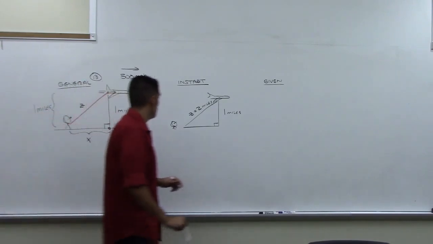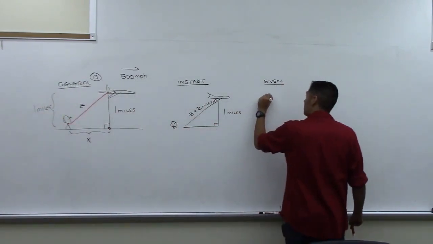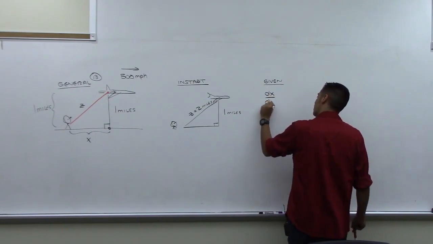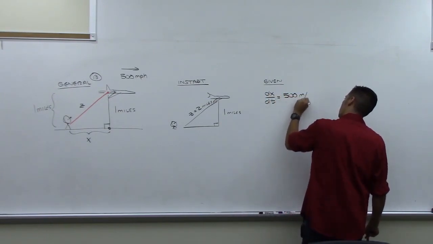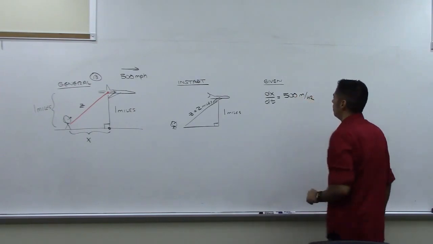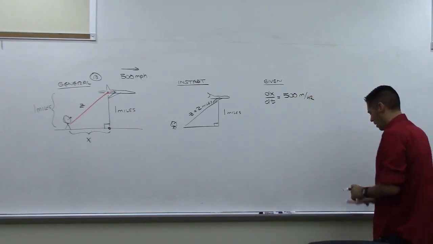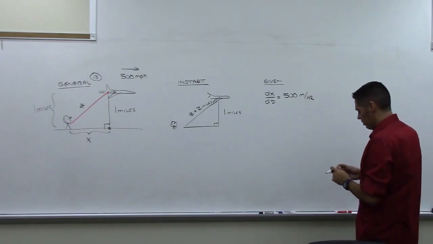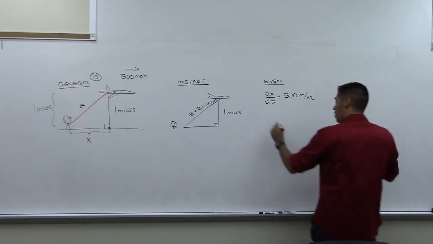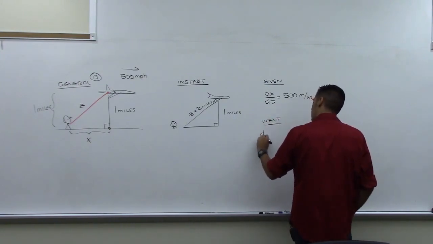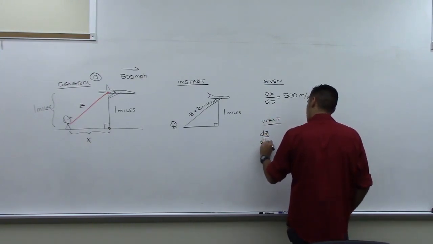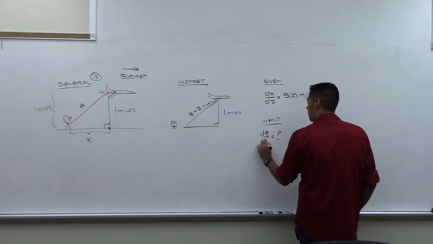And that means the plane moving at 500 miles per hour means that x changes, dx dt, at 500 miles per hour. That's what we're given. What we want is to know how fast the z is changing with respect to time at exactly the moment that z is 2.